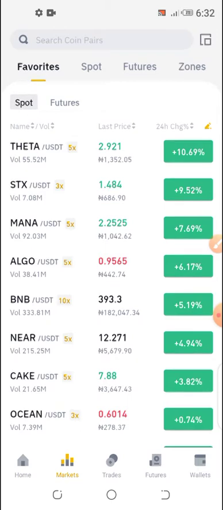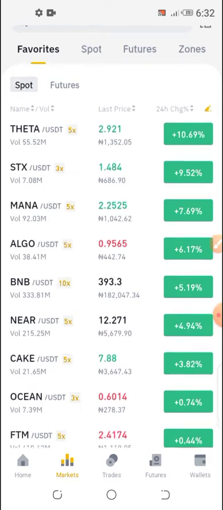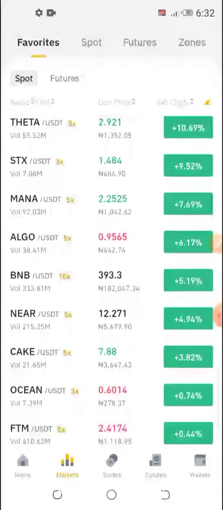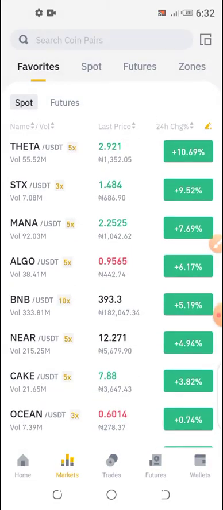But if you take a long position and the market goes up, you'll be in profit. And the peculiarity about futures is that you leverage whatever position you're taking. So more of that in our futures tutorial. That is basically the difference between spot and futures.